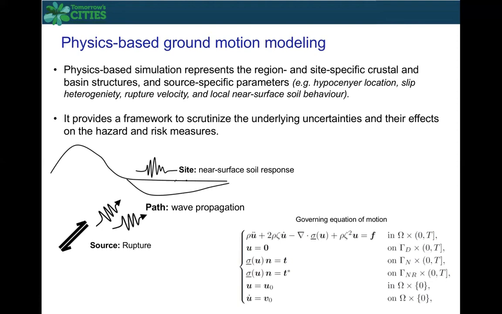The most important advantage of the physics-based simulation framework is that it provides the framework to scrutinize the uncertainties in the underlying parameters that are used for earthquake source, propagation of the waves, and the site response, which will have implications in terms of the hazard and risk measures.